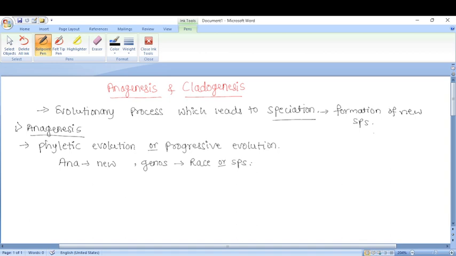Now we'll see the exact definition of anagenesis.